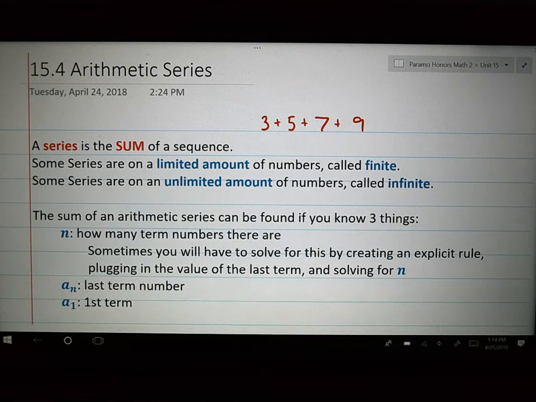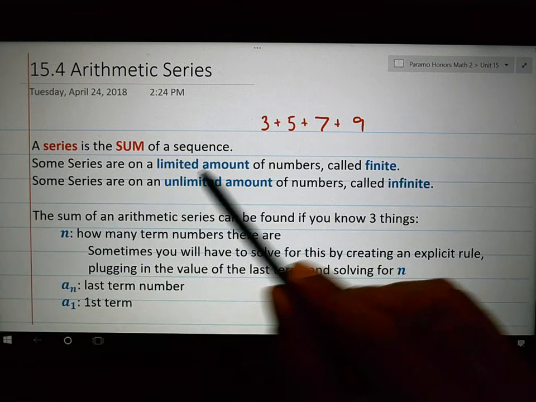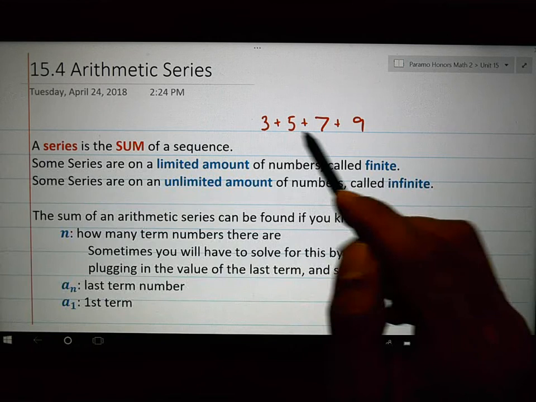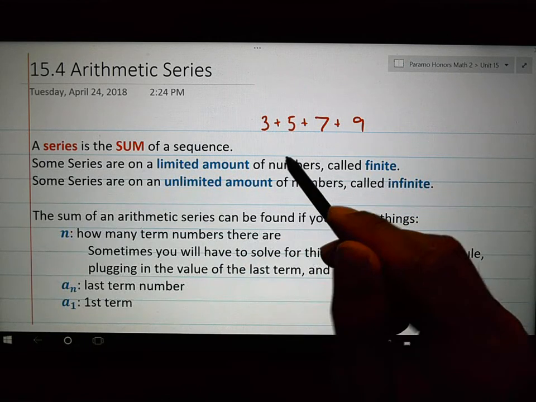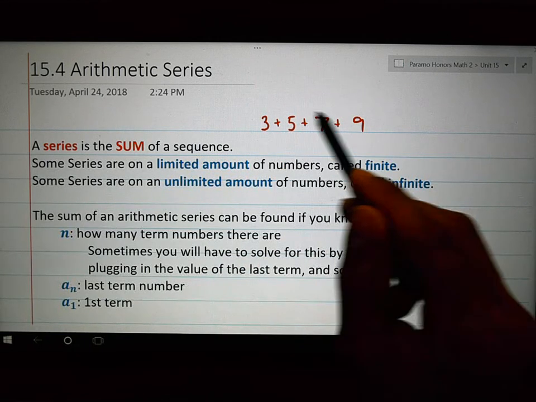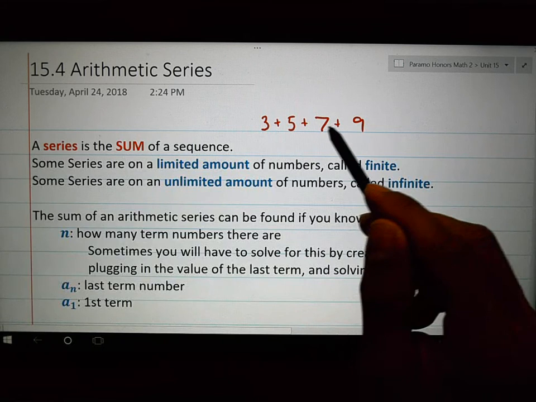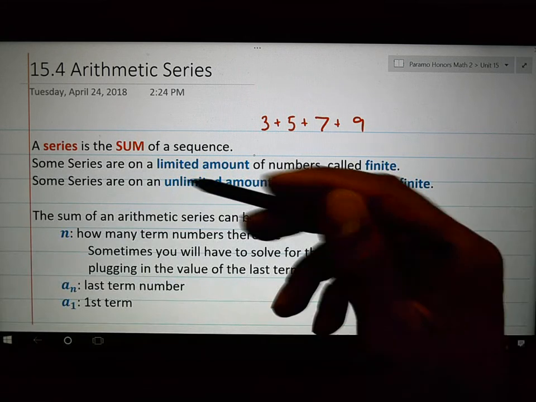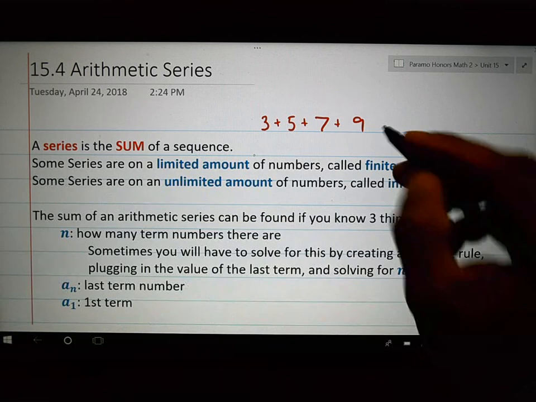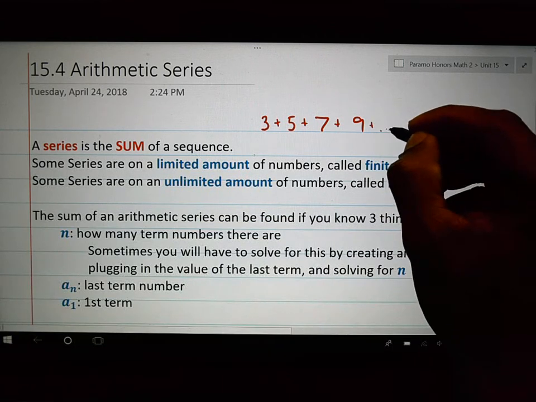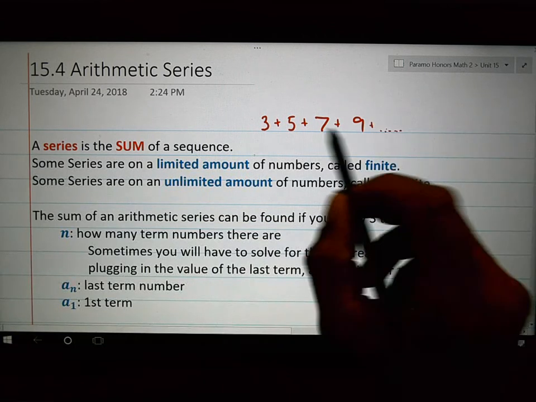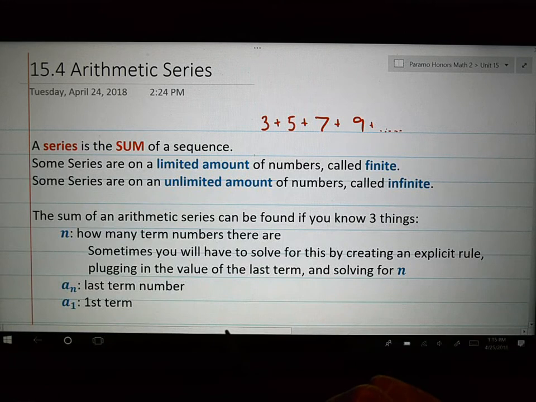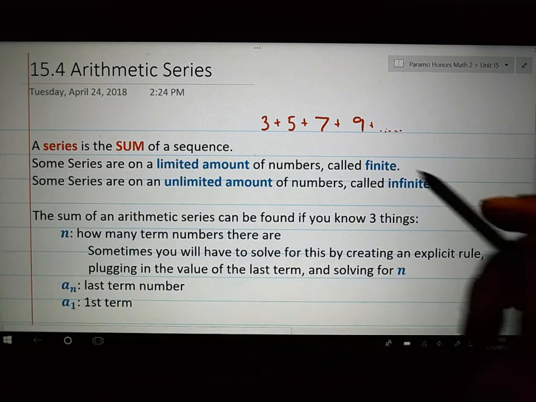Coming back to you. As I was saying, series are a sum of numbers, and if there is a limited amount of numbers, like 3, 5, 7, 9, I was just adding those 4 numbers, that's called a finite series. Whereas, if we were adding something like this, that went on and on forever and ever, that would be an infinite series.